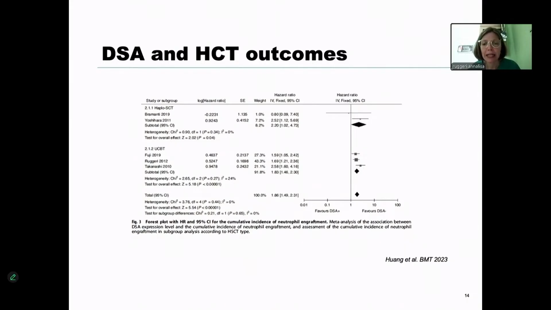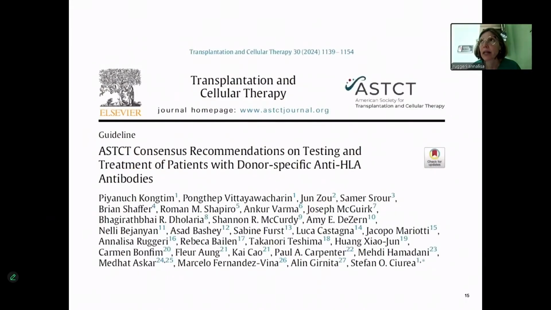So it is a clear, important risk factor associated with transplant outcomes, and this created a clear need to discuss and develop recommendations for the testing and treatment of patients with DSA.